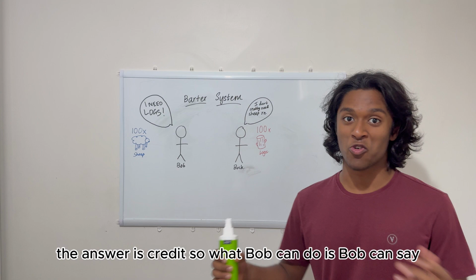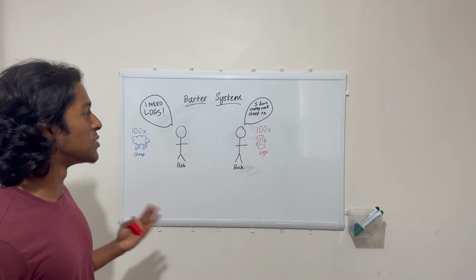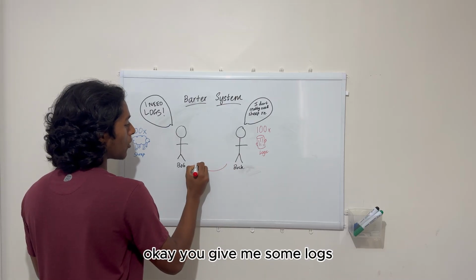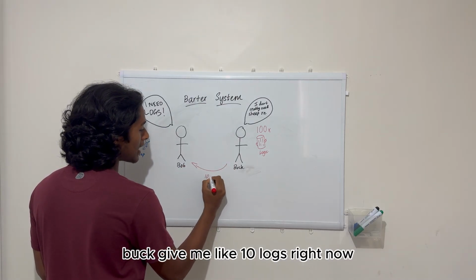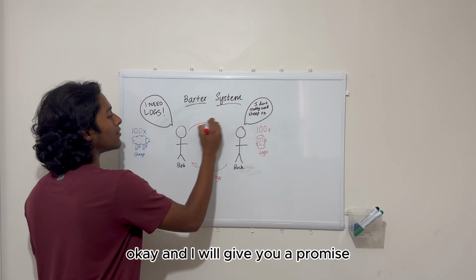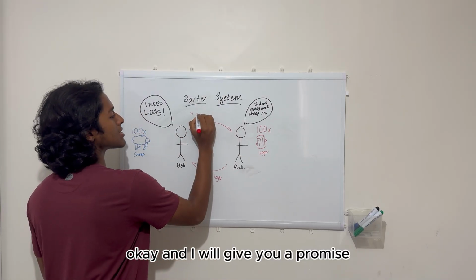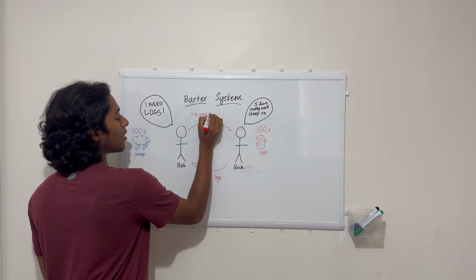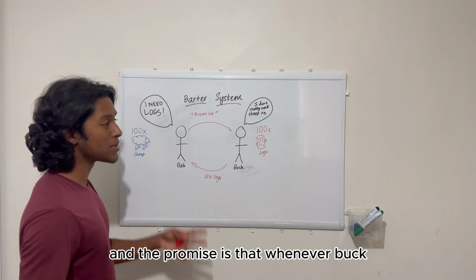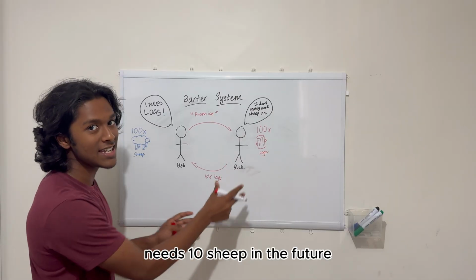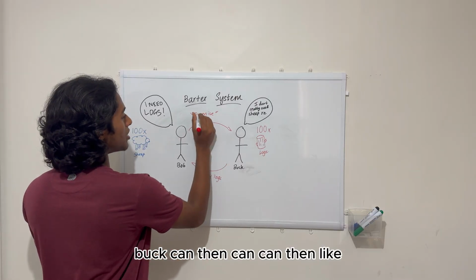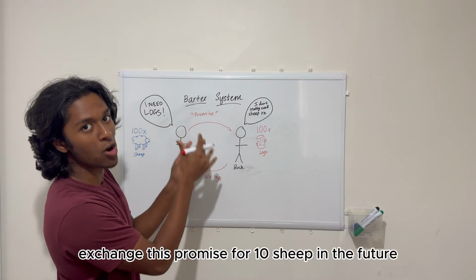The answer is credit. What Bob can do is say, okay, you give me some logs, Buck. Give me like 10 logs right now, and I will give you a promise. Bob is going to give Buck a promise, and the promise is that whenever Buck needs 10 sheep in the future, Buck can exchange this promise for 10 sheep.